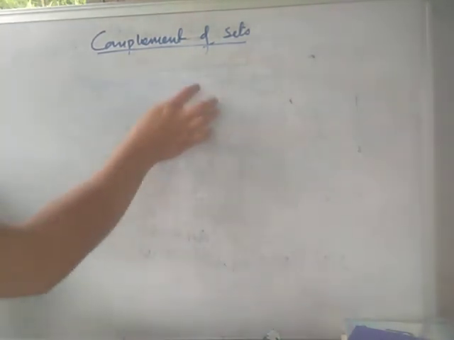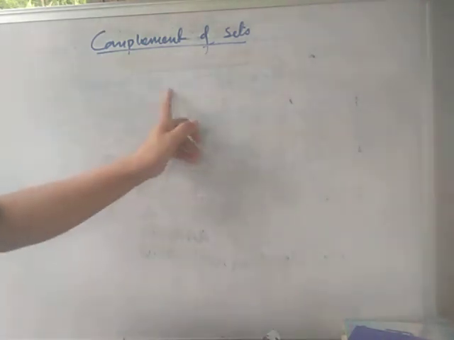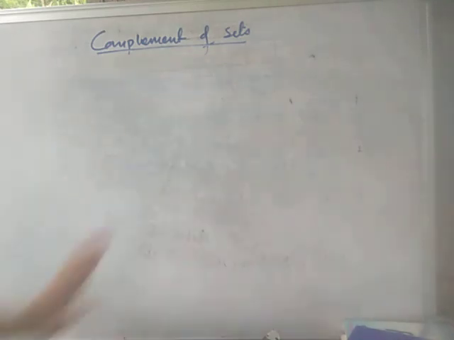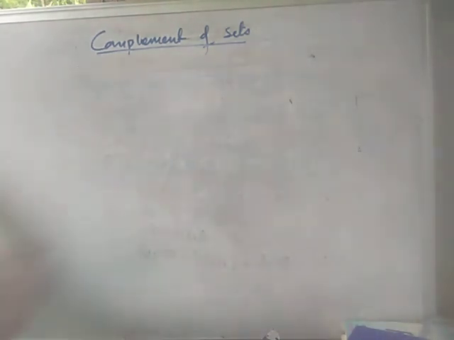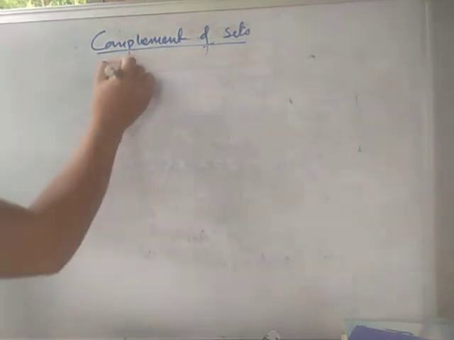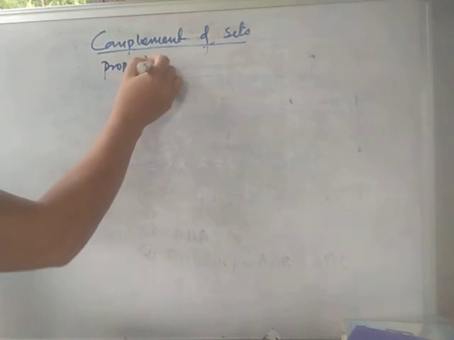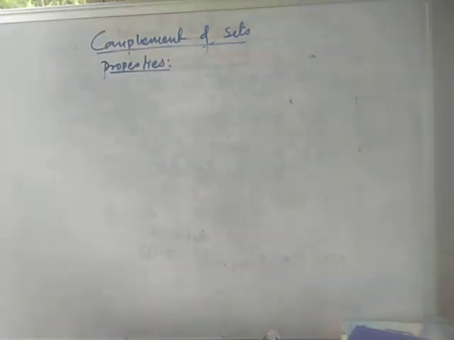What is the complement of A? Universal set minus A. Okay, so that is your complement, not A is your complement of A, isn't it? Clear? So now write down properties of complement of set. Very important. If you don't study this, you won't understand the next chapter.